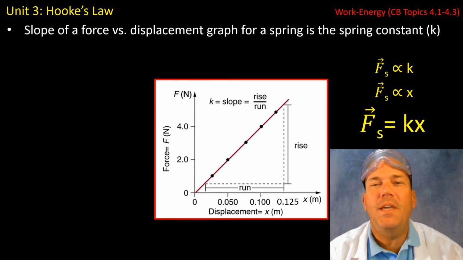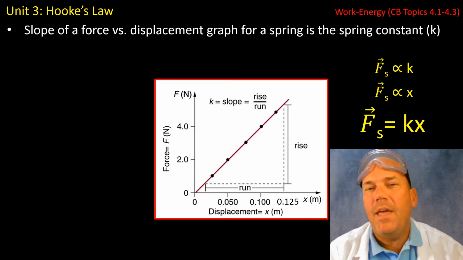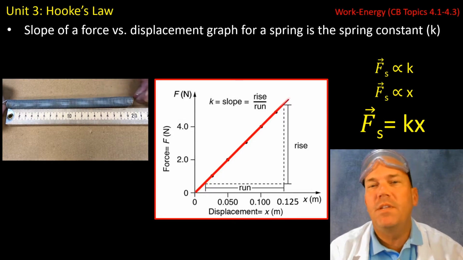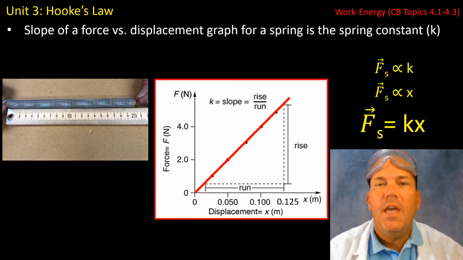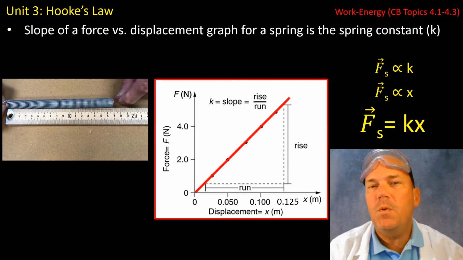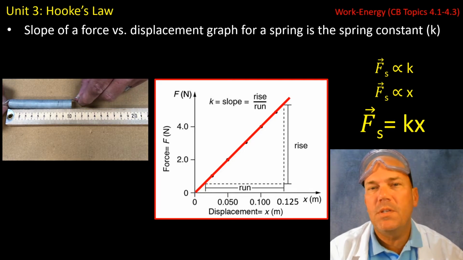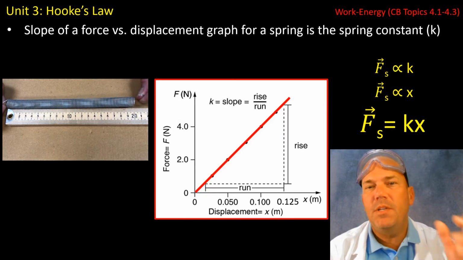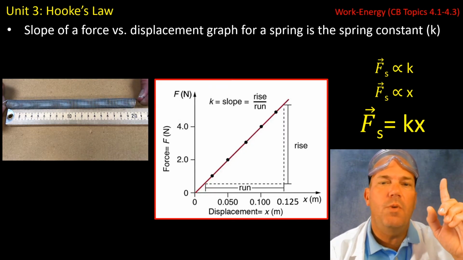I want you to look at this video clip and this graph which shows the force as a function of displacement of the spring. As you can see, this force is increasing proportionally as the spring is extended, just as we talked about with the Hooke's law equation.